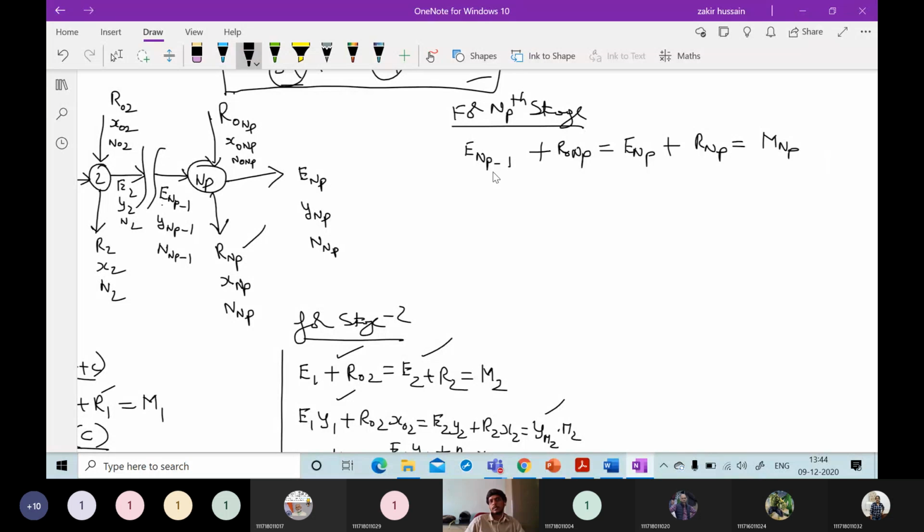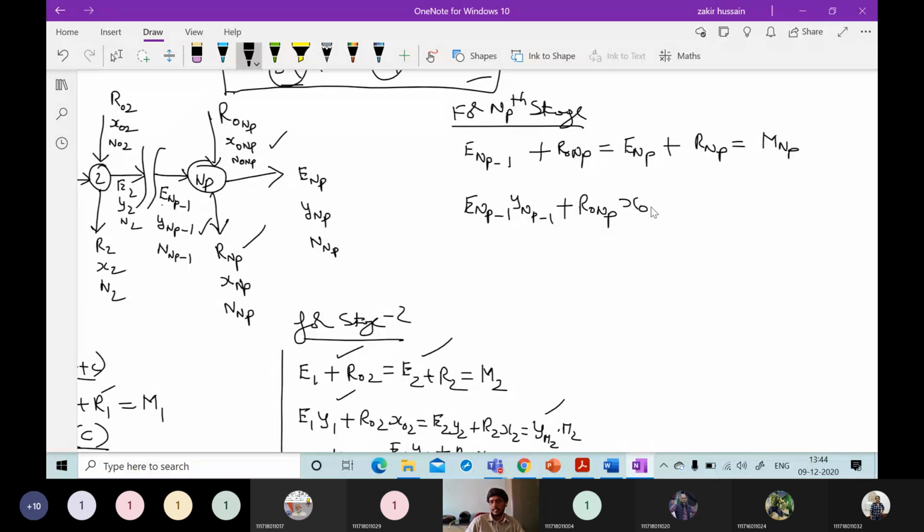So this NP minus 1: if this NP is the 10th stage, then this is coming from the 9th stage, NP minus 1, that is 10 minus 1, so 9, like that. So for the solute balance, it is E_(NP-1) into y_(NP-1) plus R_naught NP into x_naught NP.